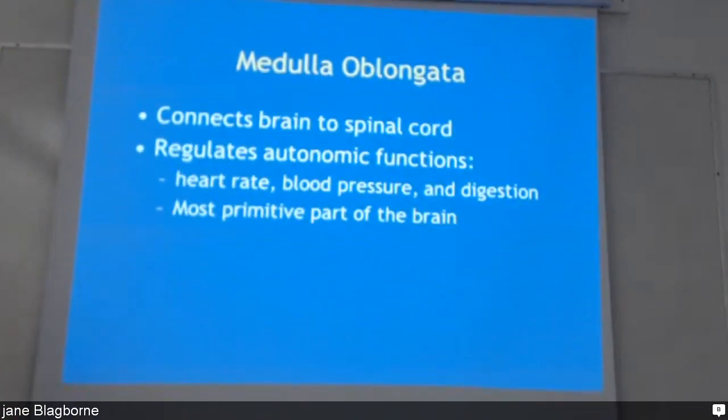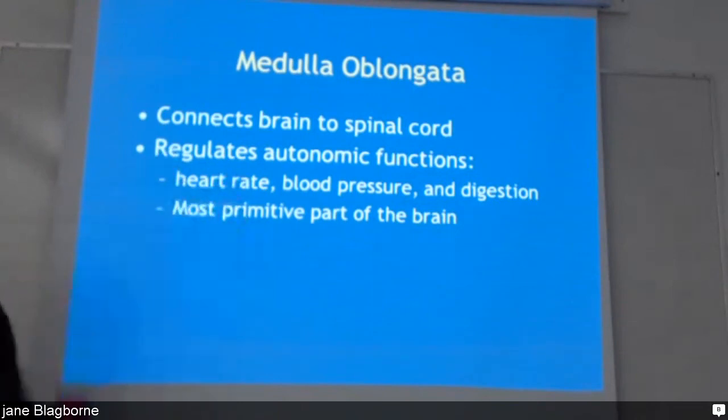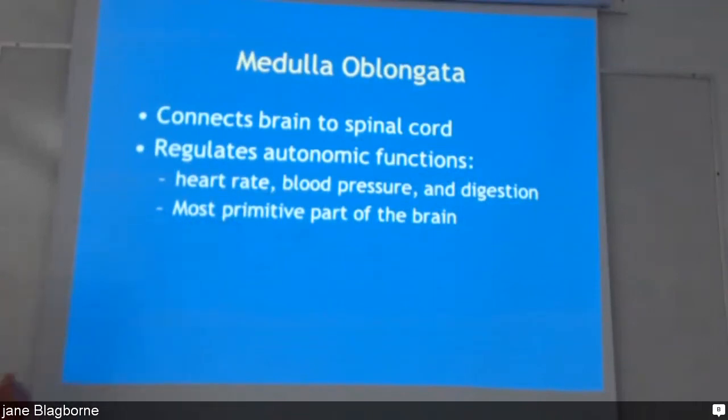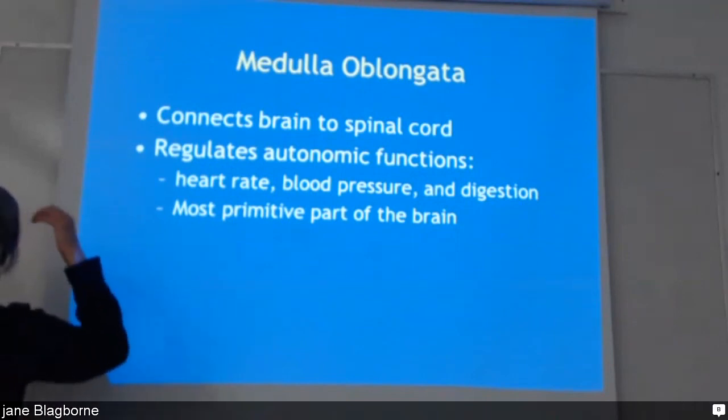The medulla oblongata connects the brain to the spinal cord, and this is the one that regulates the autonomic functions, your heart rate, blood pressure. And they call it the most primitive part of the brain. There have been babies born with anencephaly, which is the lack of the front part of the brain.